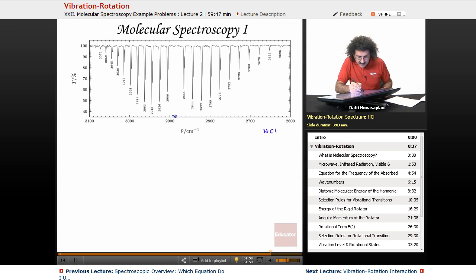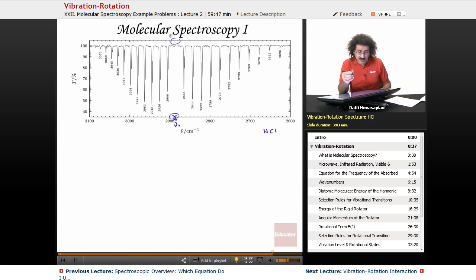This is nu sub 0, the fundamental frequency. It's at this point where the J equals 0 to J equals 0 transition should happen, but because it's forbidden, it's not going to happen. So if we want to know what nu 0 is, reading it off a spectrum, we just find that middle point and go down and mark it. That's our nu sub 0, our fundamental vibration frequency.